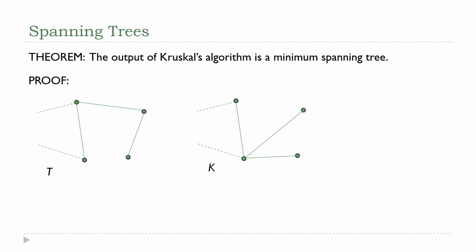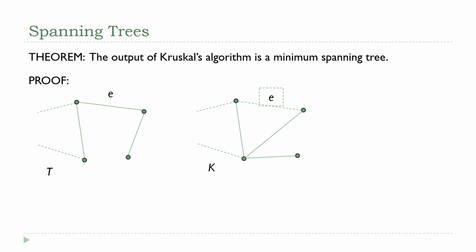Okay, so here's how I'm going to do it. Because the graphs are different, they're not equal, there must be an edge in T that isn't in K. Call that edge E. Right, now I'm going to take that edge and I'm going to add it to K. Now this is where that theorem I talked about on the first slide comes in. Right?